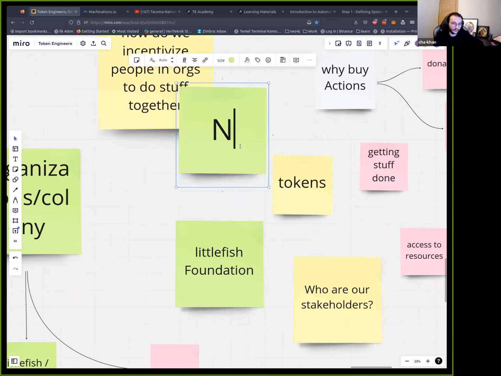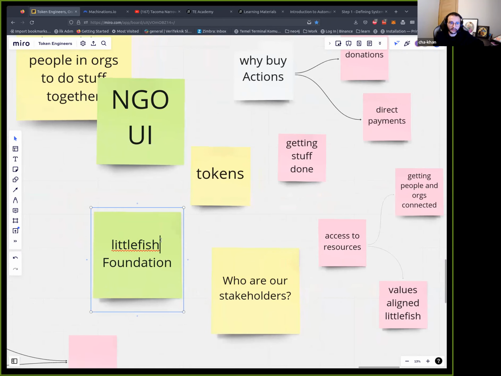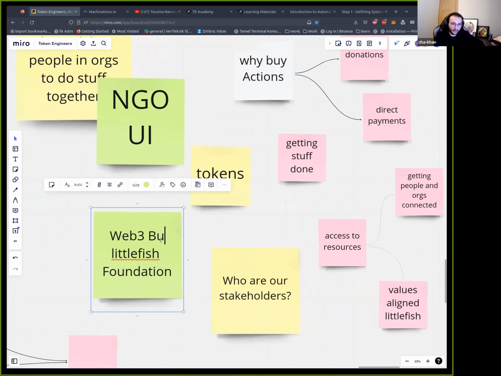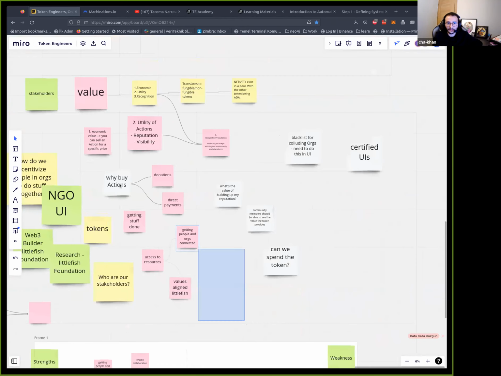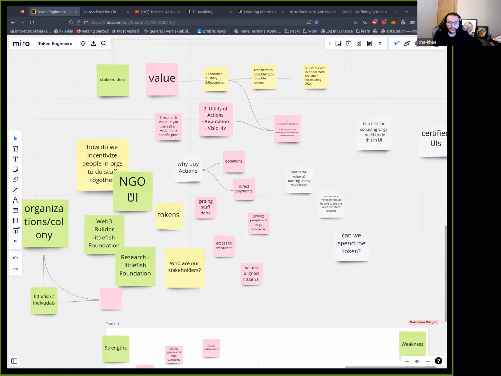This organization would be using an NGO UI, for example, and we would be using a Web3 builder UI, and then some other person will be using, I don't know, a research UI. And you can build all of these things because the data is just open. You can just use it. All we would need to do is provide a JavaScript library so that anybody can build whatever UI they want.